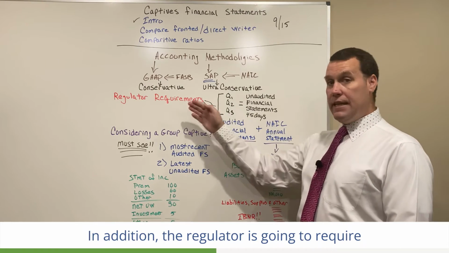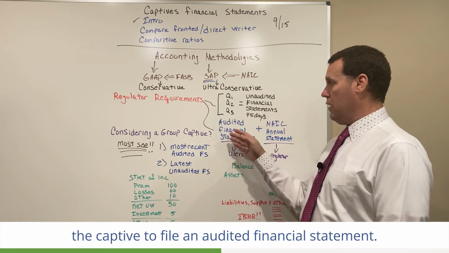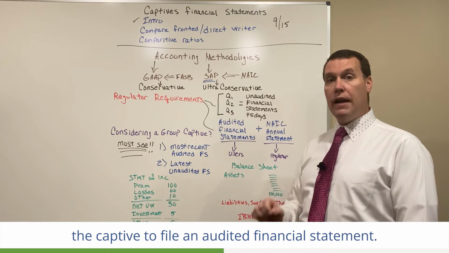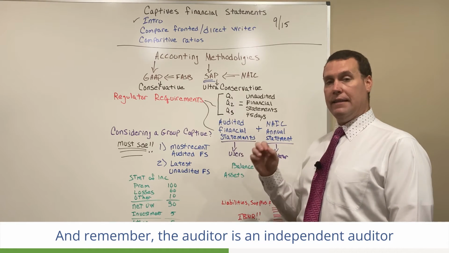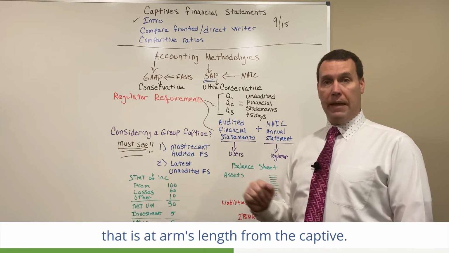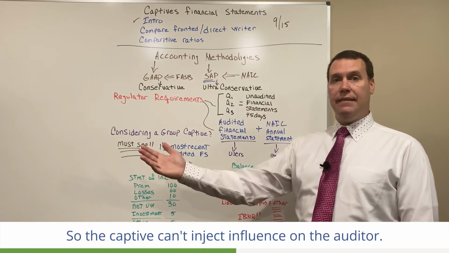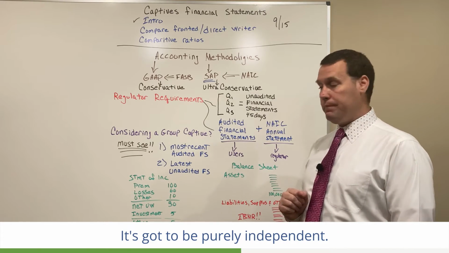Okay? In addition, the regulator is going to require the captive to file an audited financial statement. And remember, the auditor is an independent auditor that is at arm's length from the captive. So the captive can't inject influence on the auditor. It's got to be purely independent.